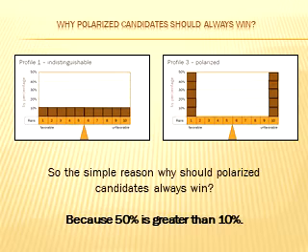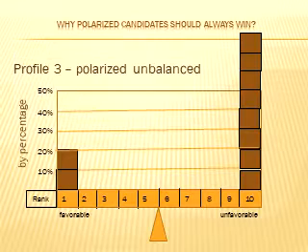So, why should polarized candidates win? 50% is greater than 10%. But wait, he doesn't even have to be average. With 10 candidates, he could easily win with just 20% or 30%, while 70 or 80% dislike him more than any other candidate.